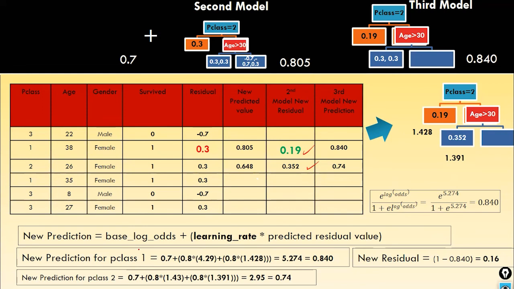Here, the base log odds is 0.7. In this case, it combines three trees: the base model, the previous model, and the current model. So 0.7 plus 0.8, I have considered 0.8 as the learning rate here, and here the log odds is 4.29.